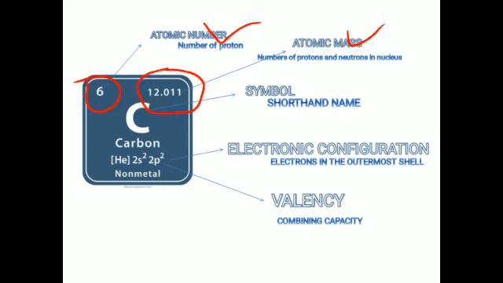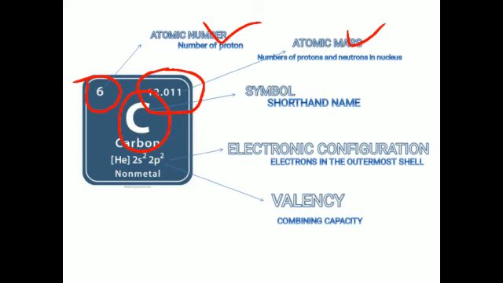Now you see this capital C. This is called a symbol. You know what symbols are? Symbols are the shorthand names of elements, and basically these are abbreviations for naming the elements, and sometimes they are taken from the English language, sometimes Latin, or sometimes they are Greek or German.